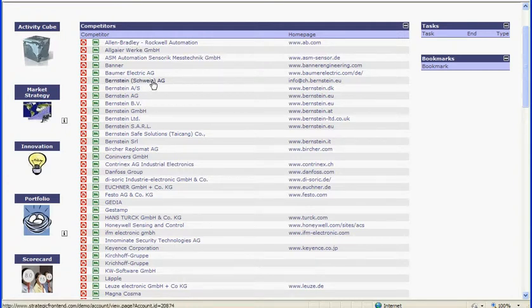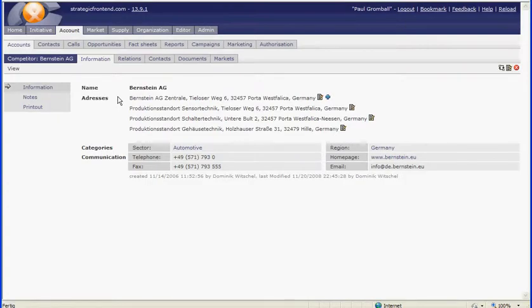And this is, I think, a very interesting list because it gives you an overview of the complete competitive universe on a global scale, and you can even see the same competitor evaluated in different regions. So, for instance, look at one of your major competitors, which is Bernstein AG.